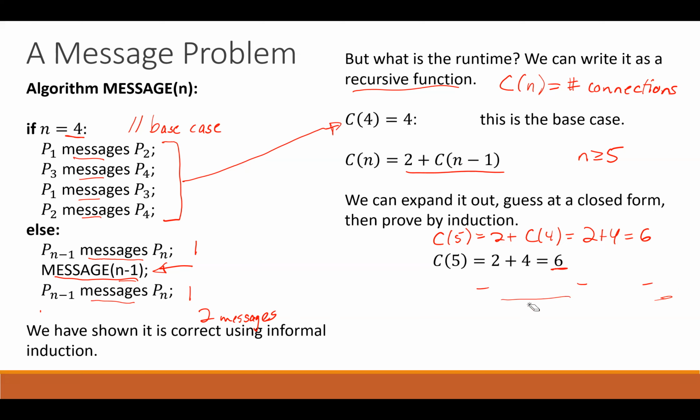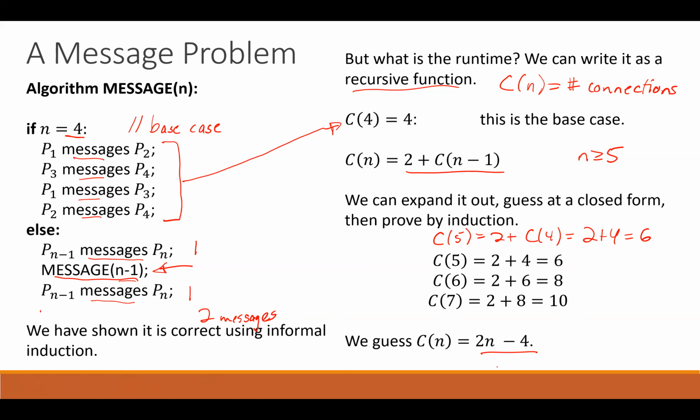So after a few iterations, I start to see a pattern forming, and that pattern is, this increases by 2 each time. So that would give me some indication that it's 2 times n. And if I play around with this additive constant, then I can find 2n minus 4.